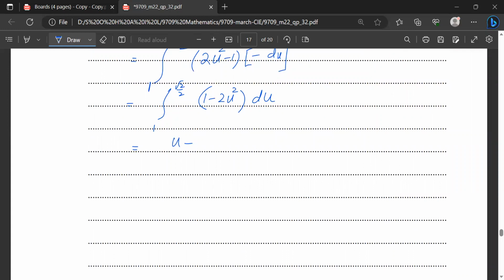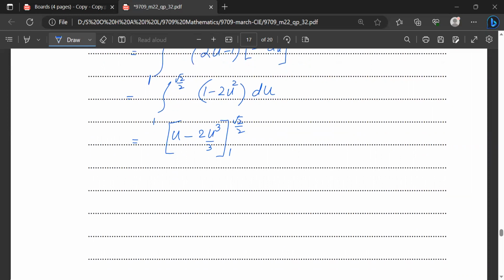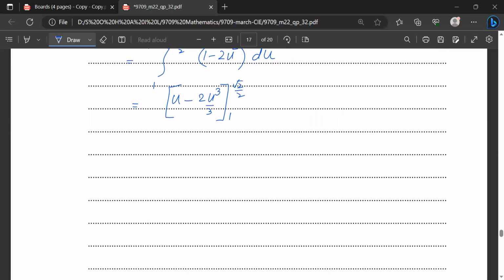Integration of 1 is u. Integration of 2u square is 2u cube over 3, with limits 1 and root 2 over 2. Next, upper limit minus lower limit: root 2 over 2 minus 2 over 3 times root 2 over 2 to the power 3, upper limit, minus lower limit, 1 minus 2 over 3 times 1 cubed.